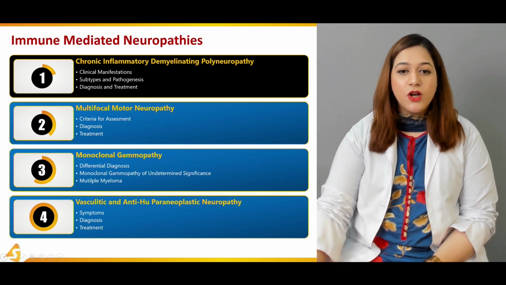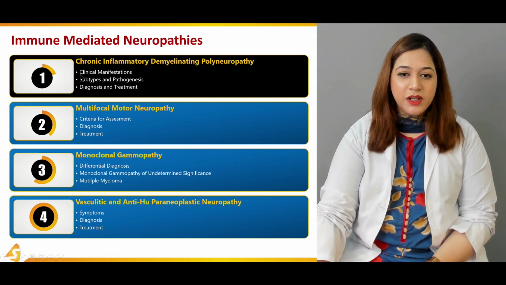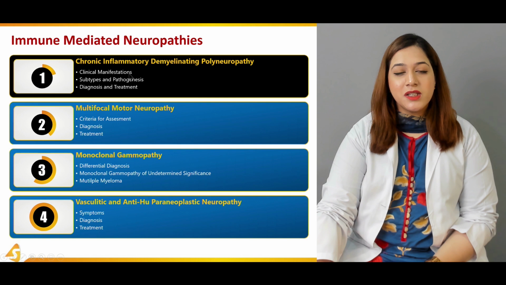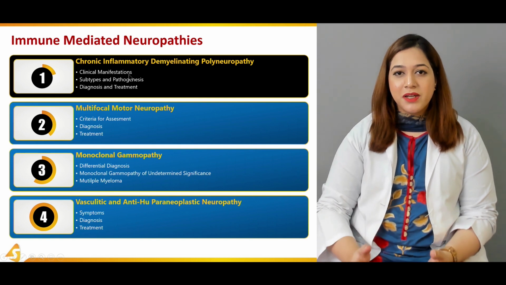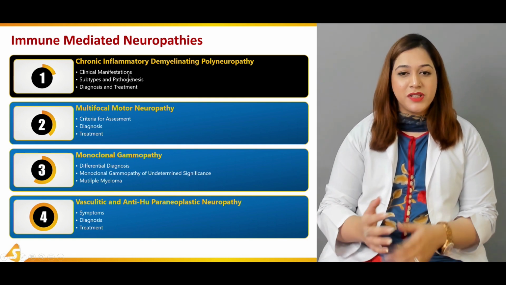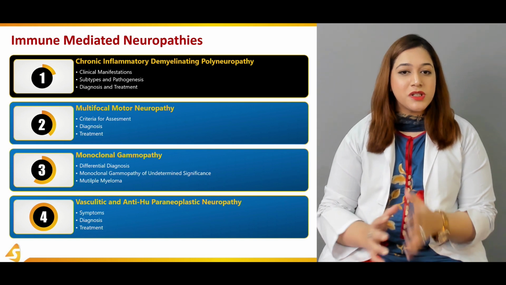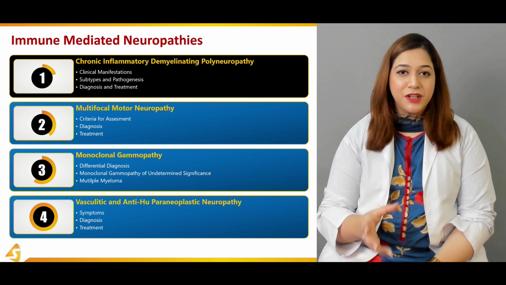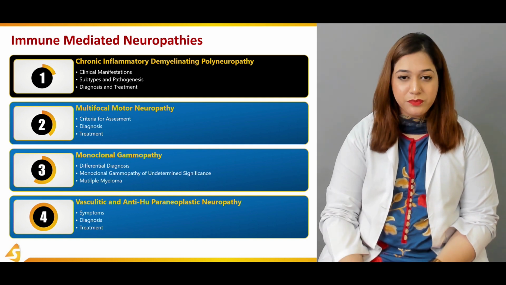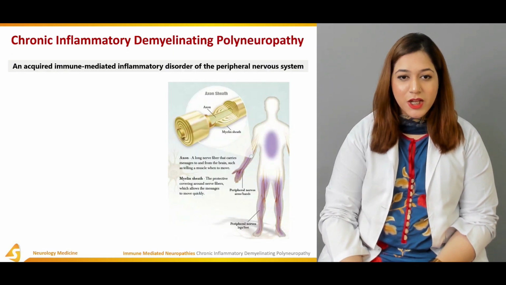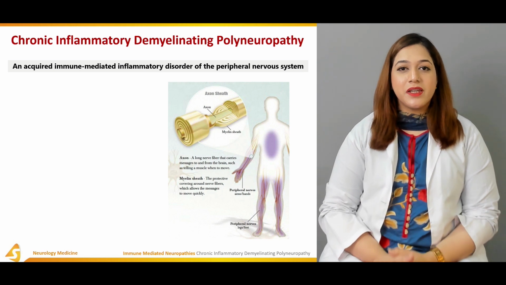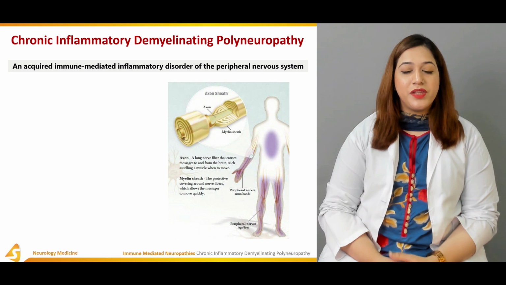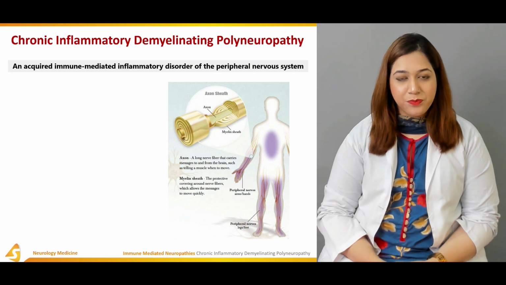In this section, we are going to talk about the clinical manifestations of CIDP. We will discuss how many subtypes of CIDP there are, what the pathogenesis of this neuropathy is, and finally how we can diagnose and treat this condition. So CIDP is basically an acquired immune-mediated inflammatory disorder of the peripheral nervous system.